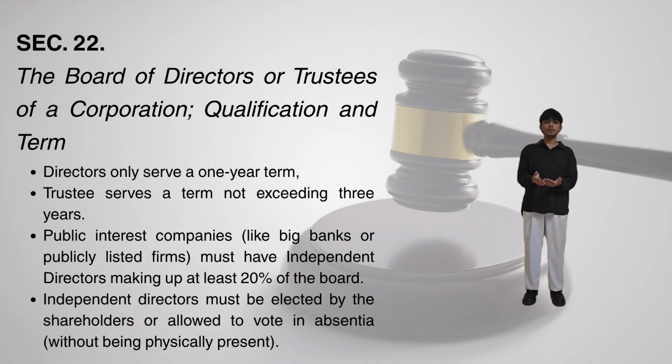If a company is considered public interest, like banks or insurance companies, registered under the Securities Regulation Code, they must have independent directors on their board. And an independent director is basically a neutral party, someone with no financial or business ties to the company. This rule is there to make sure important decisions are made honestly and are not just serving the interests of one major group.